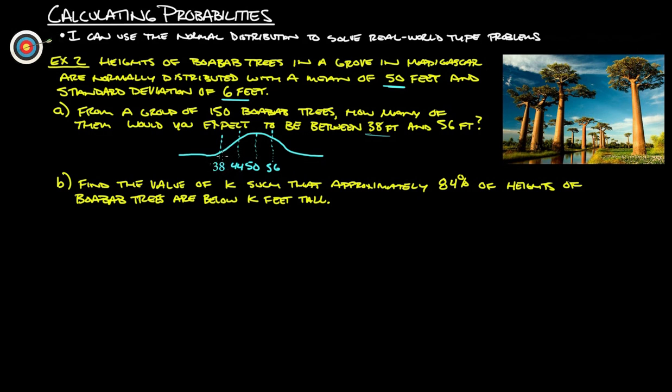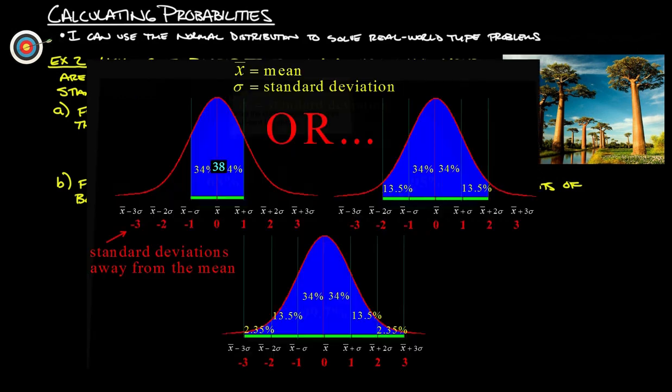We want to know how many of the baobab trees are going to fit into this range here. So it's all of these trees in this range right in here. Okay, so if we have these percentages from up above, that's going to help out.